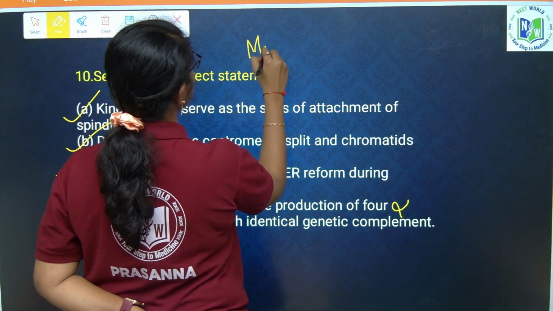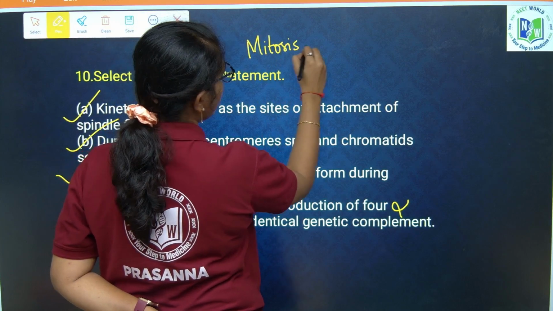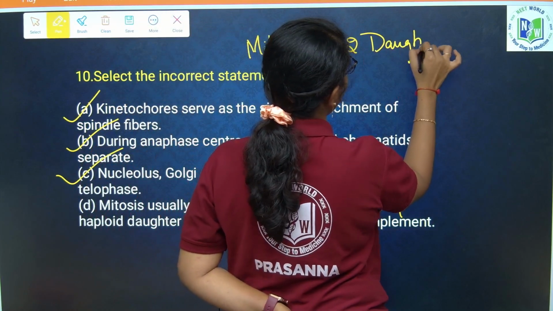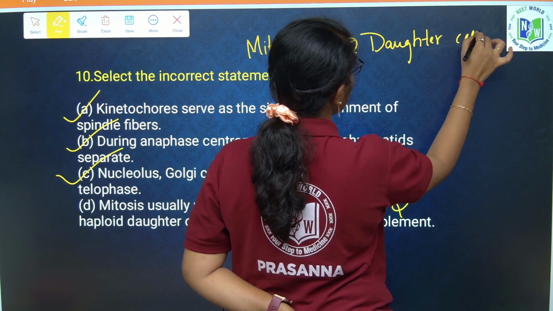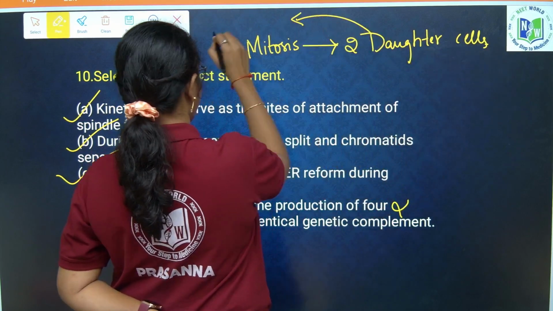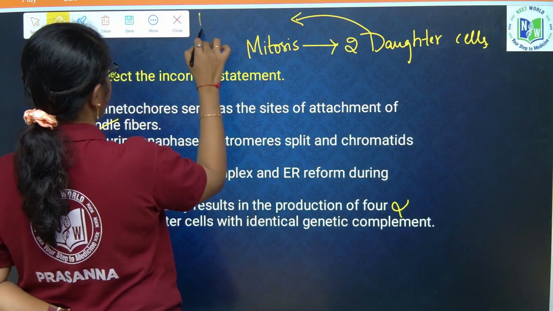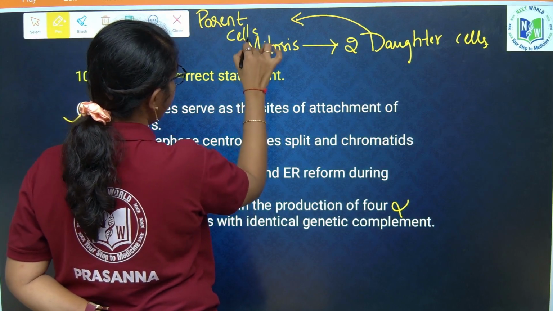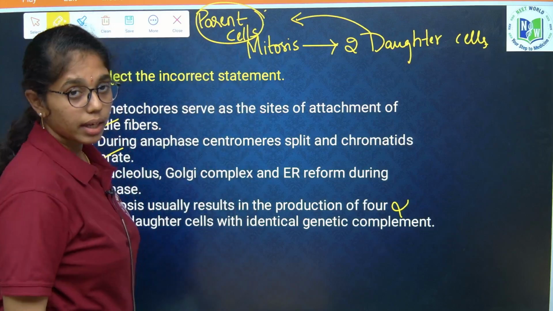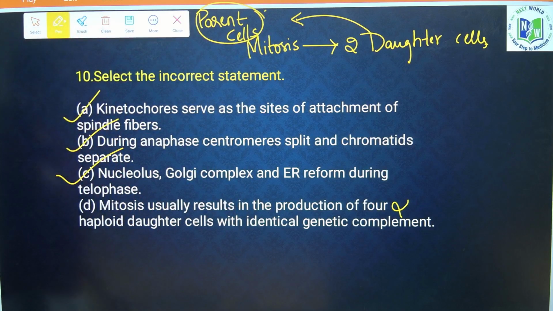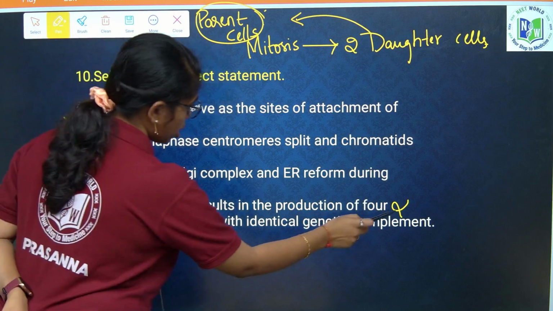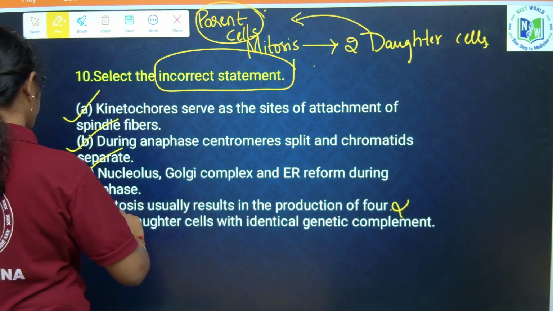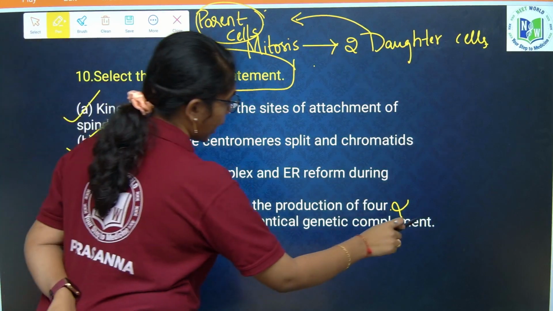Mitosis always produces 2 daughter cells, and these daughter cells are identical to the parent cell. Clear? So statement D is wrong, and here they asked us to identify the incorrect statement. So our option will be D.